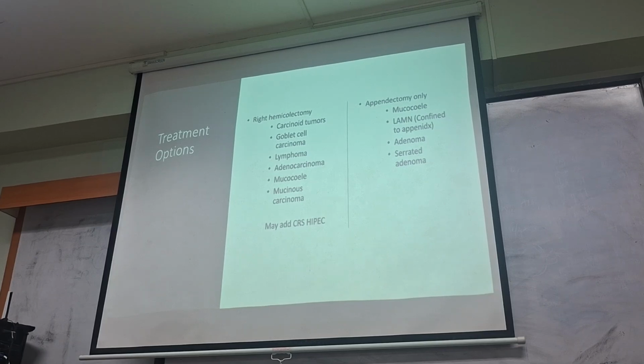You can also do an appendectomy alone if it's a carcinoid tumor, 1 centimeter or less, located at the tip. 1 to 2 centimeters is controversial, but if the tumor is more than 2 centimeters, then right hemicolectomy. So the only instance wherein a carcinoid can be resected with an appendectomy alone is less than 1 centimeter located at the tip. Everything else, right hemicolectomy.